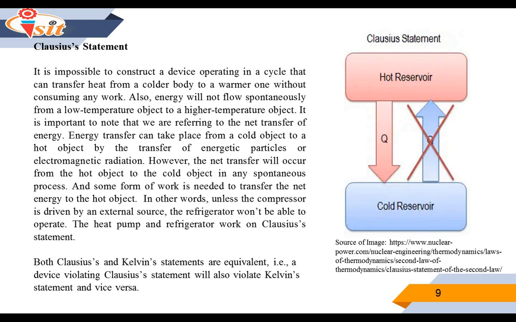Unless the compressor is driven by an external source, the refrigerant won't be able to operate. So the heat pump and refrigerator work on the Clausius statement. Both the Clausius and Kelvin statements are equivalent, that is, a device violating the Clausius statement will also violate the Kelvin statement and vice versa.